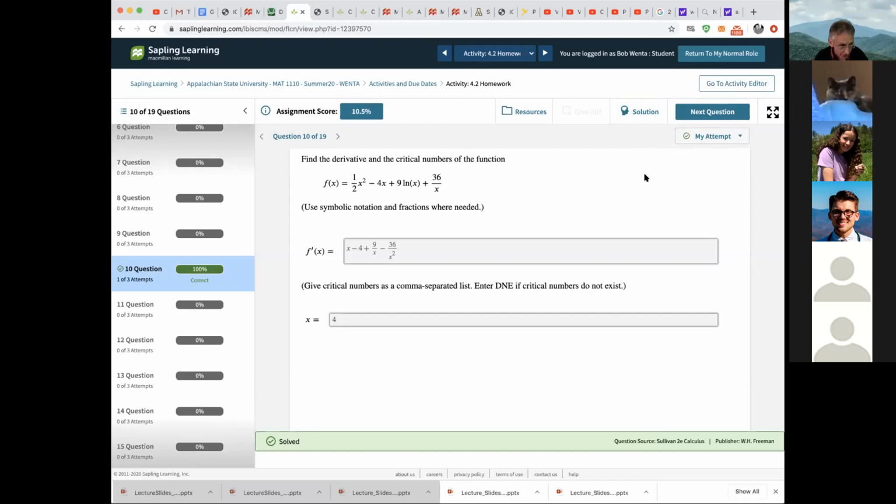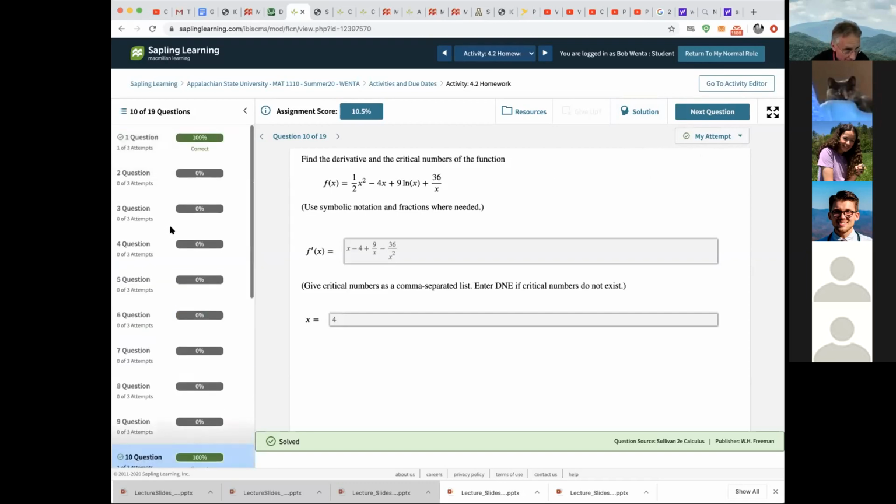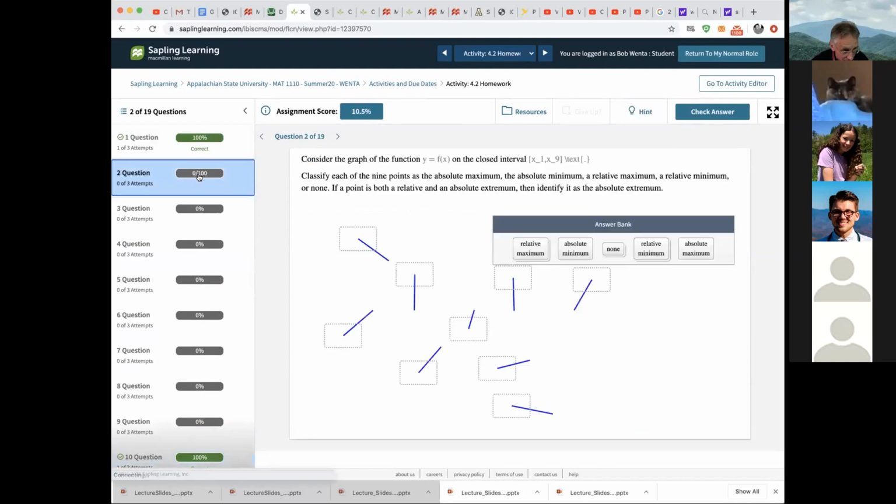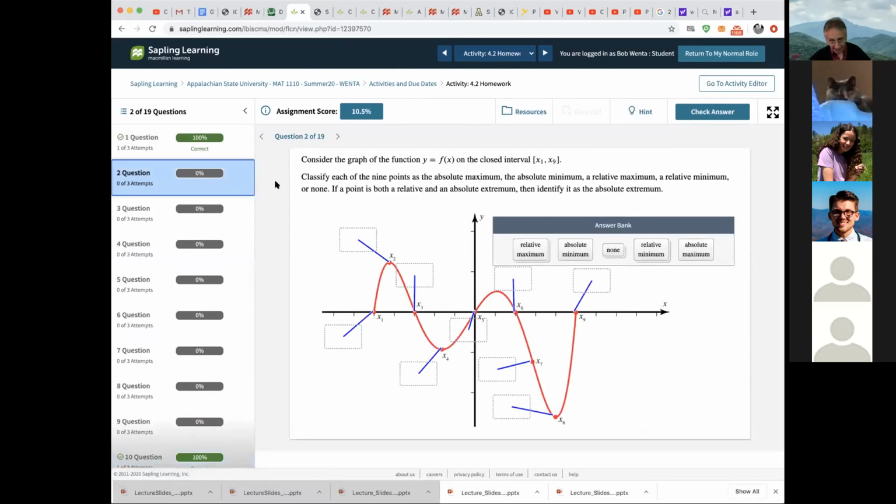Okay, there was one other thing I wanted to look at on this set. If we go back to question number 2, I've put this in student mode so the answers wouldn't be given here. I want to verify the logic of these situations. Notice what the instructions say: consider the graph on this closed interval, x1 to x9.